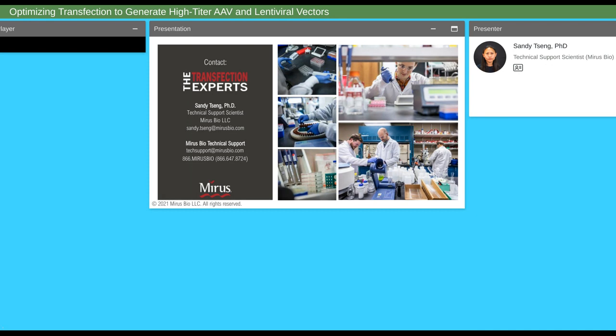Yeah, so that would depend on, so we have different formats of our reagents. They're the same formulation, but we have an RUO, Select, and GMP manufactured version. For the RUO and Select version, we already have several different lots available, so you could evaluate the different lots of those.